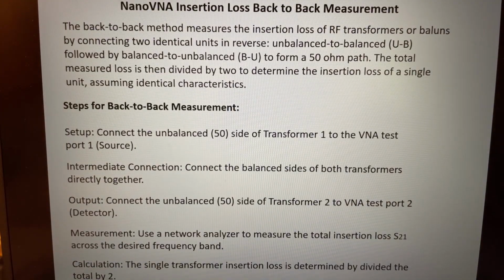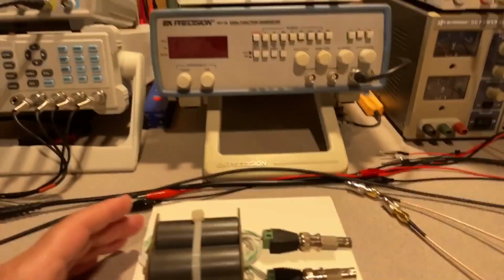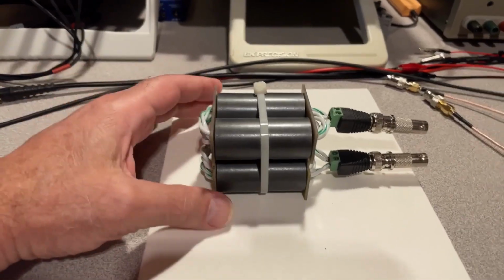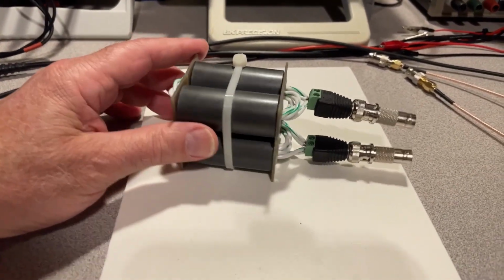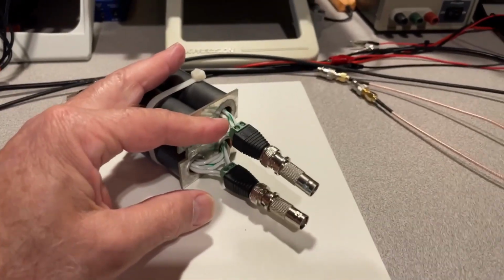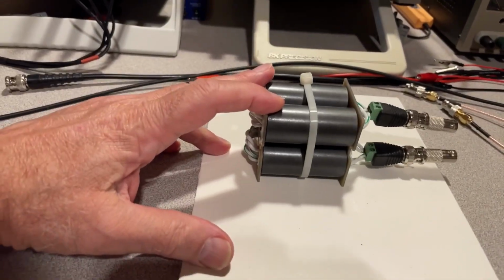So there is a way to measure that on the NanoVNA. We can do a back-to-back method. I'm going to just move the camera quickly and show the methodology here, and then we'll go back and look at the details. But I have two of my transformers, and you can see on the input side, this is basically the unbalanced side, and then this is the balanced side for the push-pull amplifier.